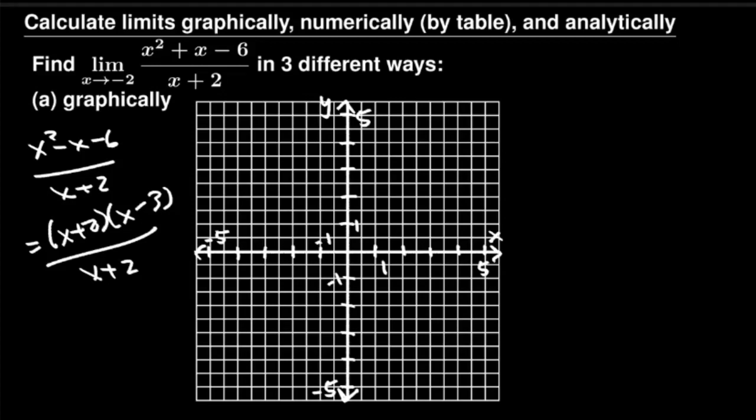Let me change that on all of these, because I did that on all of these. I'll change that on the rest when the time comes. Anyway, so what happens then is x plus 2 and x plus 2 divide out, and we just get x minus 3.